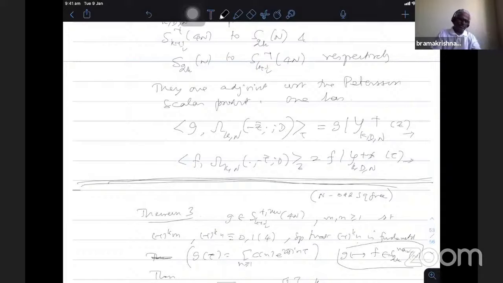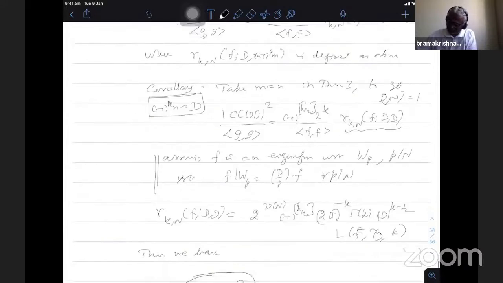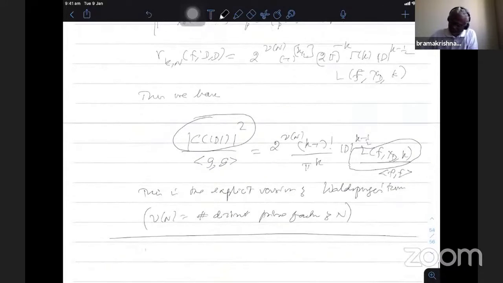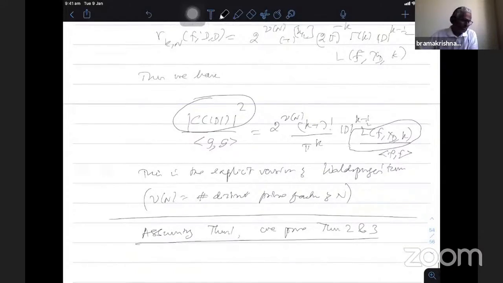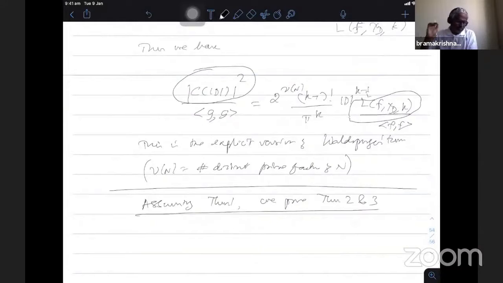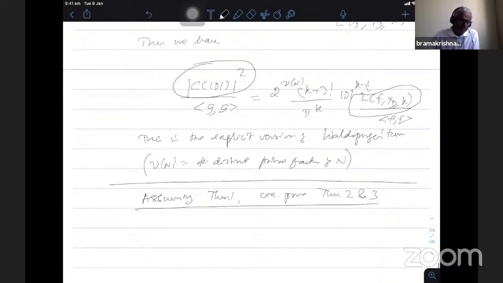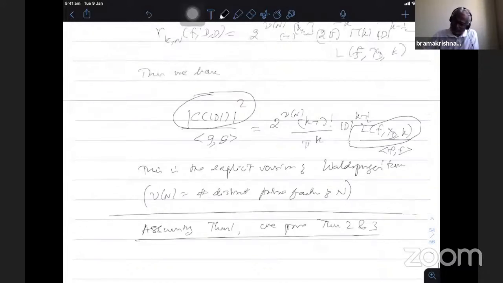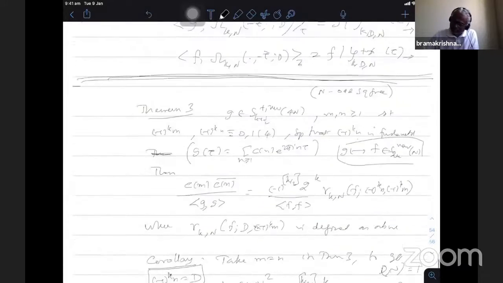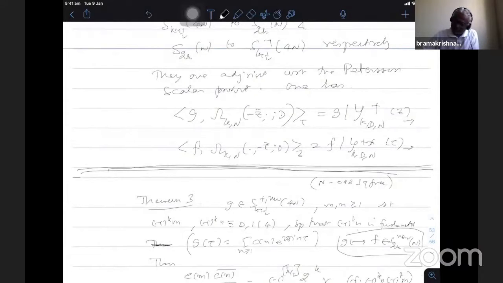Now, assuming theorem 1, we prove theorem 2 and 3. Proof of theorem 2: we have to show that if I take the inner product of G with omega k, I get the Shimura map.